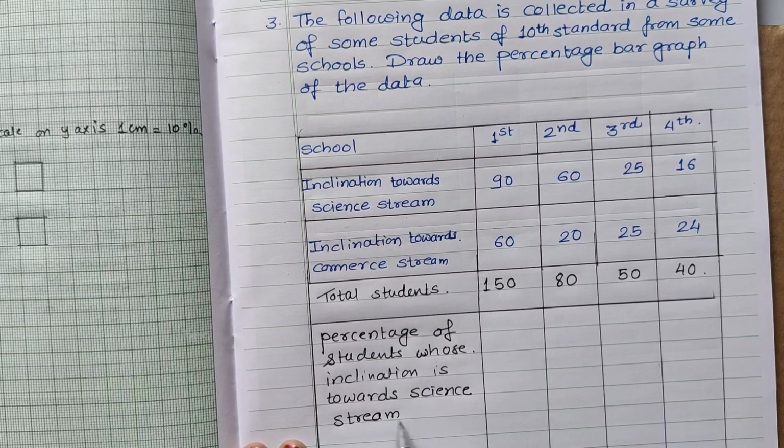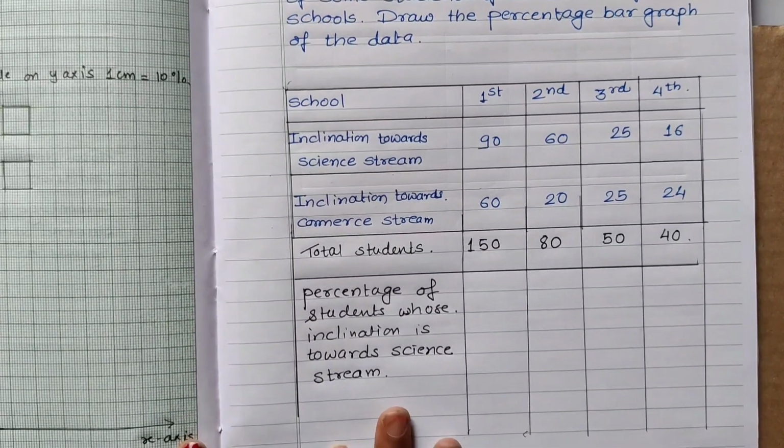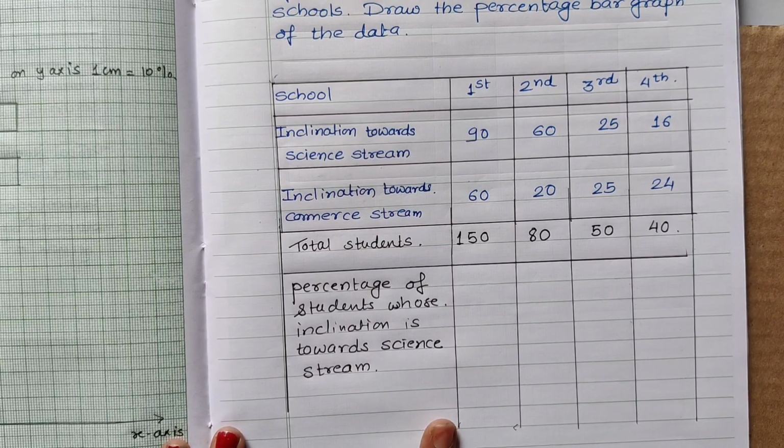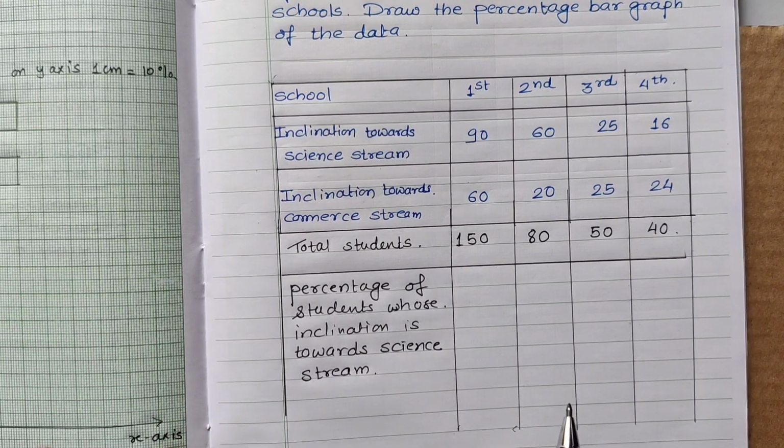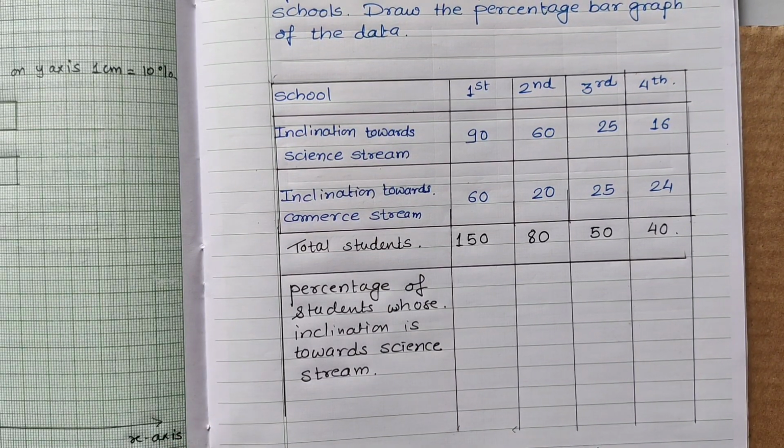Okay, so in this way we can find out the percentage of students whose inclination is towards science stream, because the remaining percentage will automatically be for commerce.